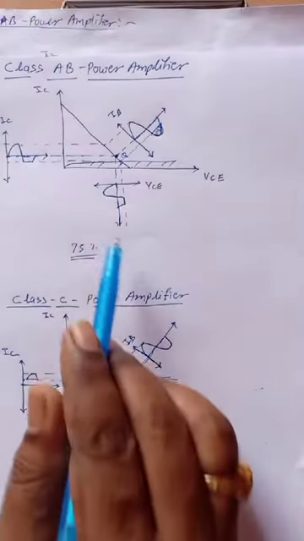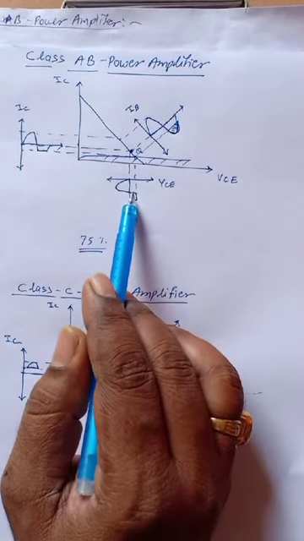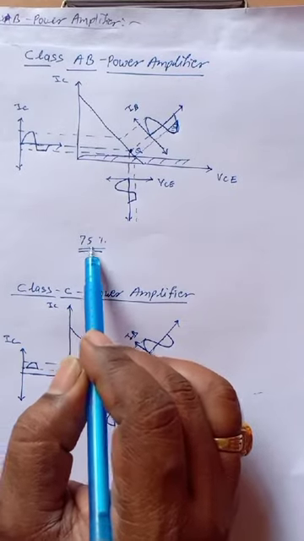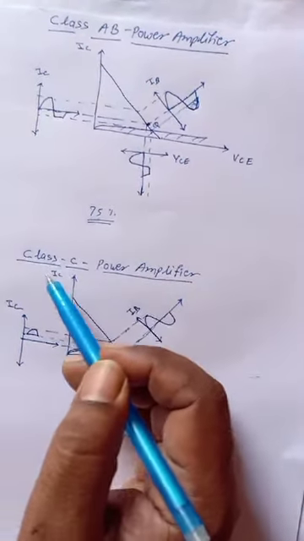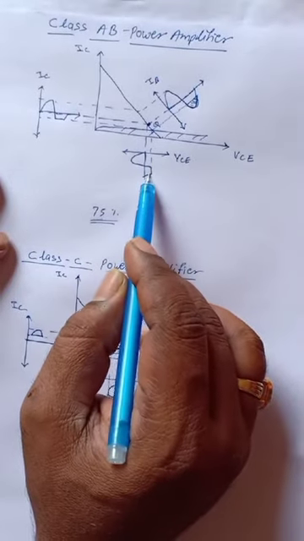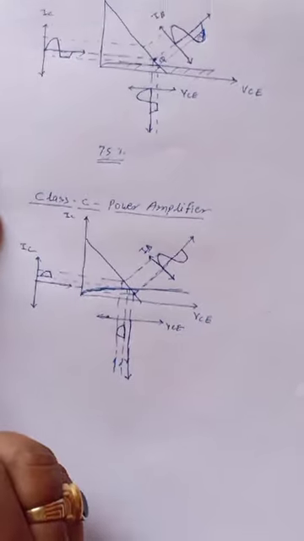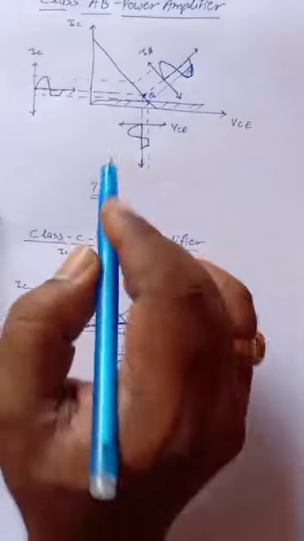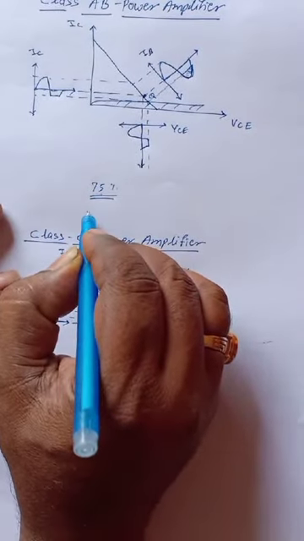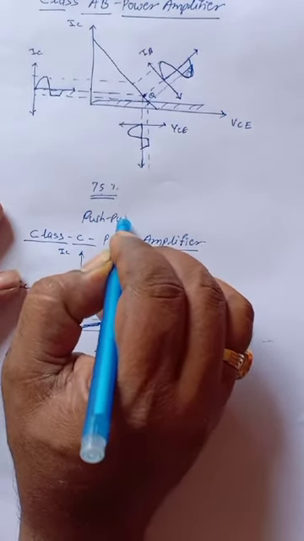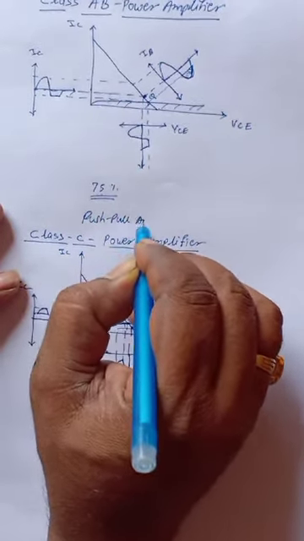So distortion decreases but efficiency also decreases. It avoids the crossover distortion. Such a power amplifier is used to avoid crossover distortion, and its application is the push pull amplifier, the same as the class B.